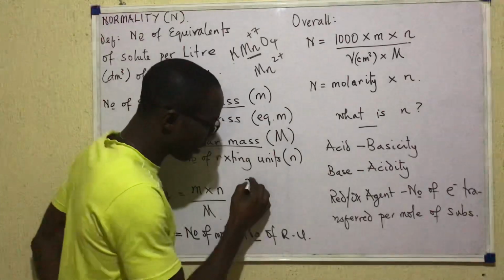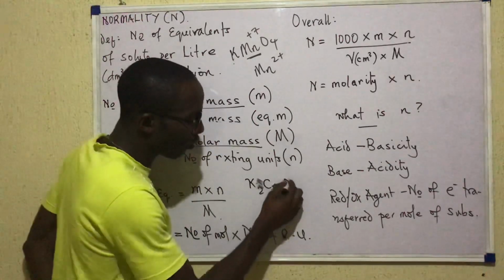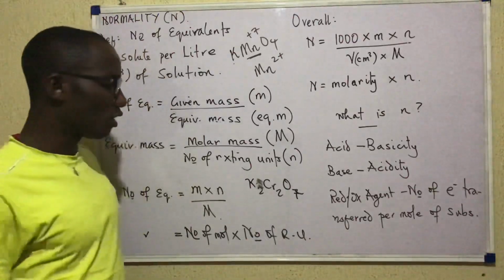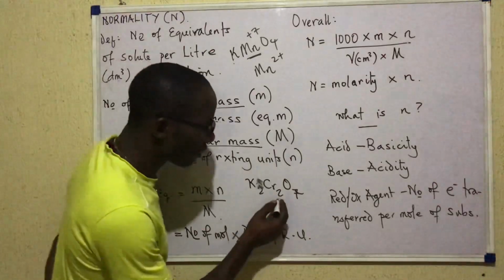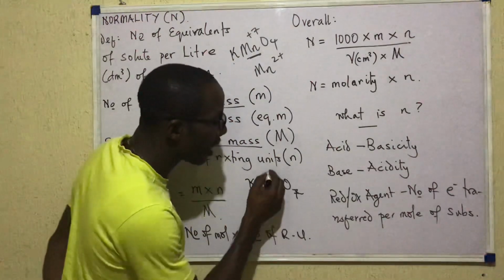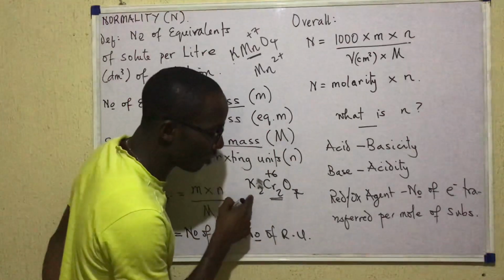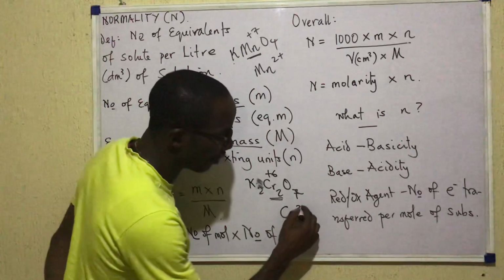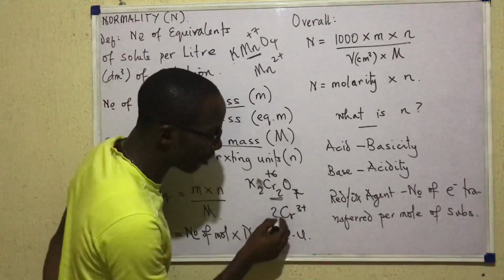Consider this other oxidizing agent. We write it as K2Cr2O7. That is potassium heptaoxodichromate 6. Now in this compound, the two chromium atoms are in the +6 oxidation state. And when this compound is reduced, the chromiums usually go to the +3 state. So imagine two guys going from +6 to +3 each.